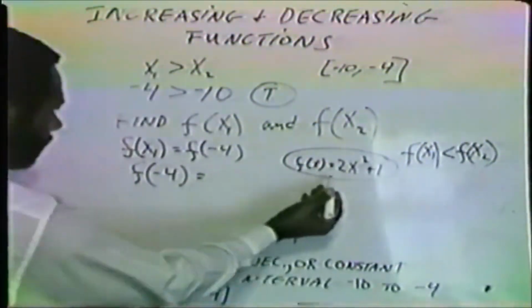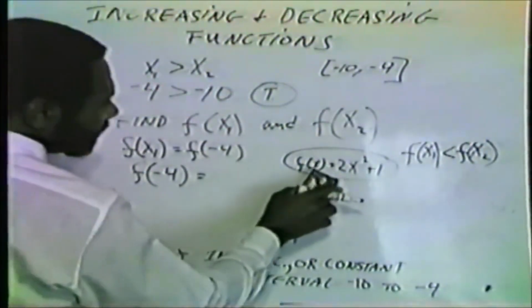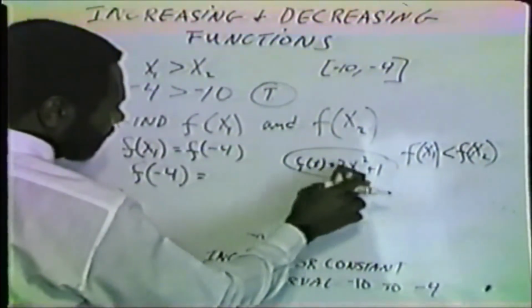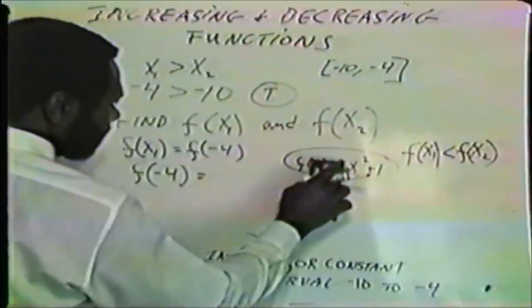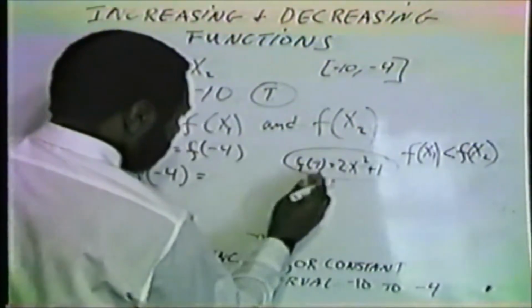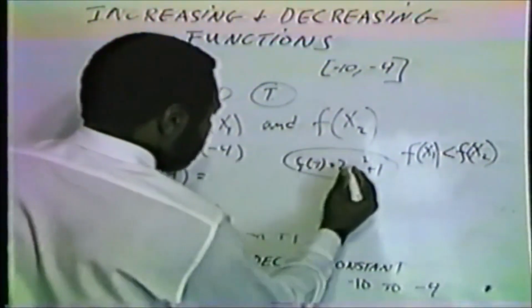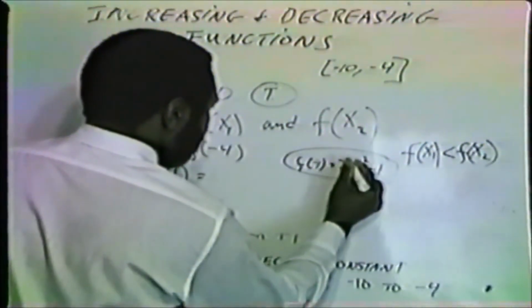Everywhere we have x in the equation of our function, we have to substitute negative 4. Here I have x squared, so I would have negative 4 squared.